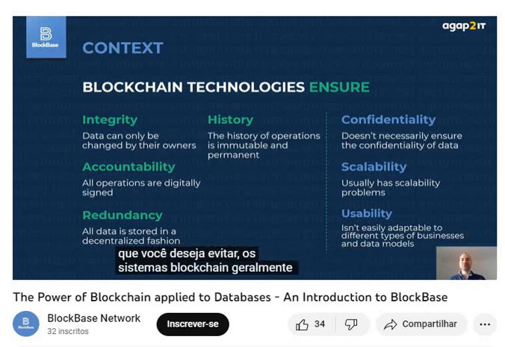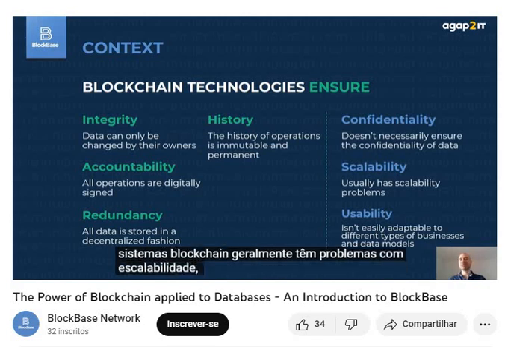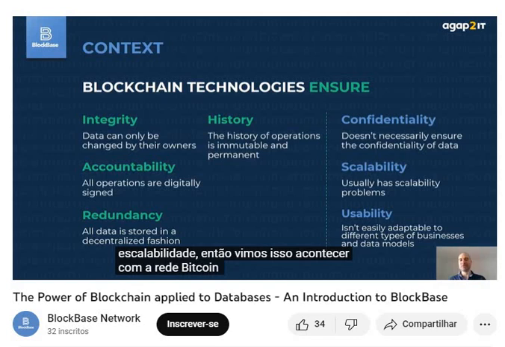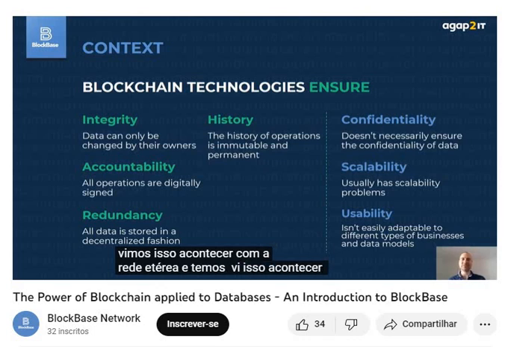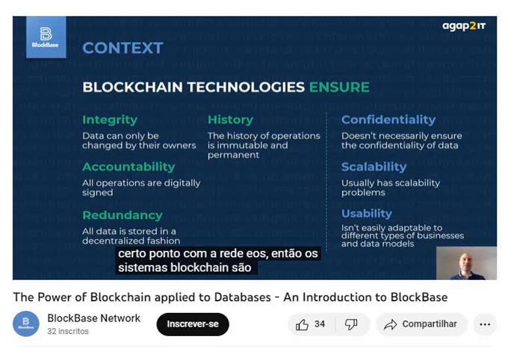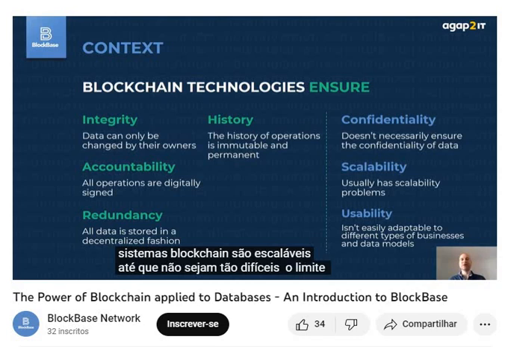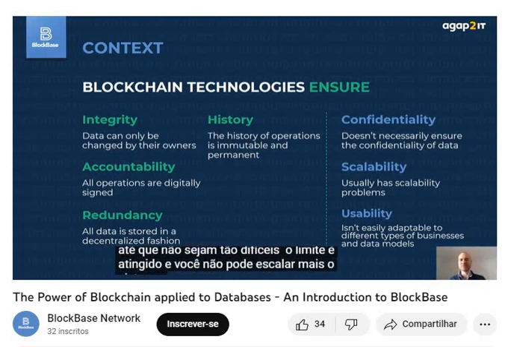Blockchain systems usually have problems with scalability. We've seen this happen with the Bitcoin network, and with the Ethereum network, and to some extent with the EOS network. So blockchain systems are scalable until they are not. Eventually a hard cap is reached and you cannot scale the system further.